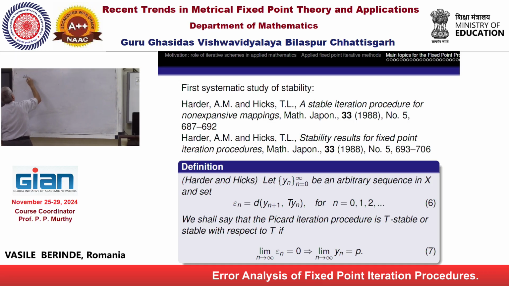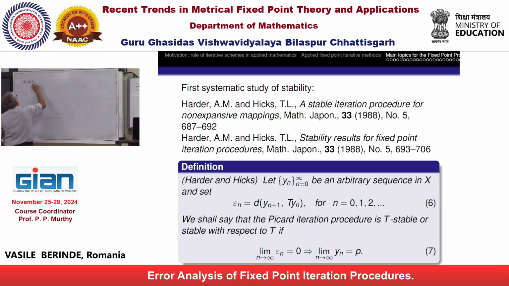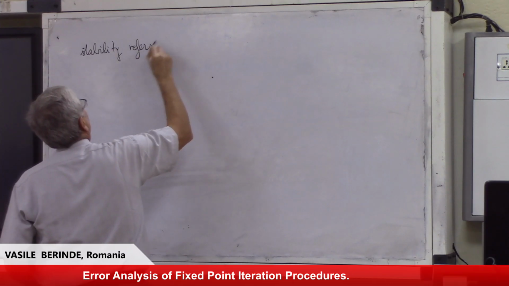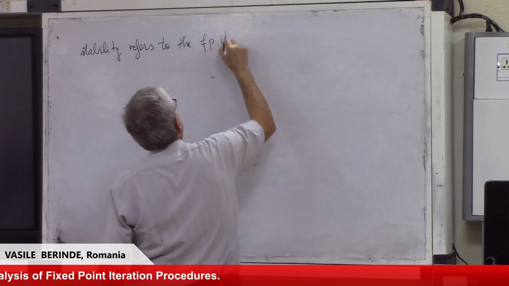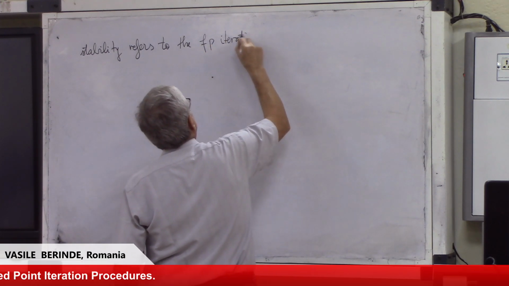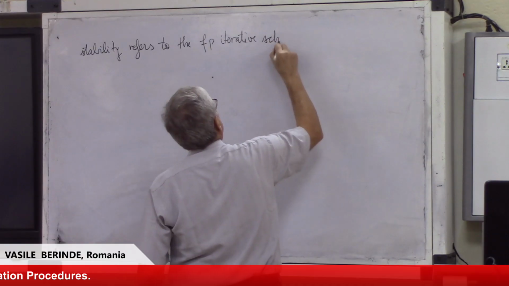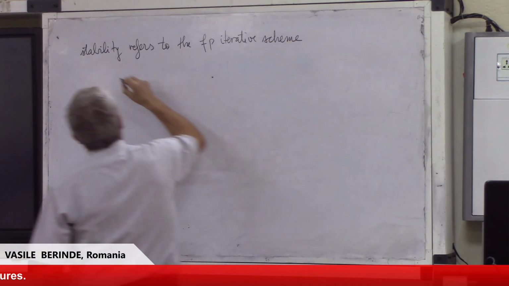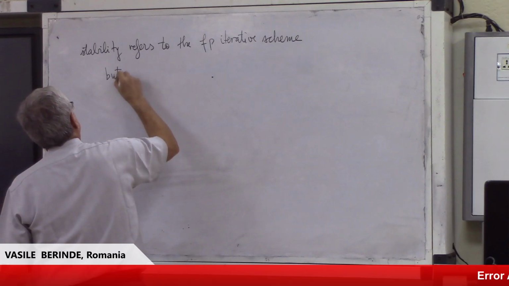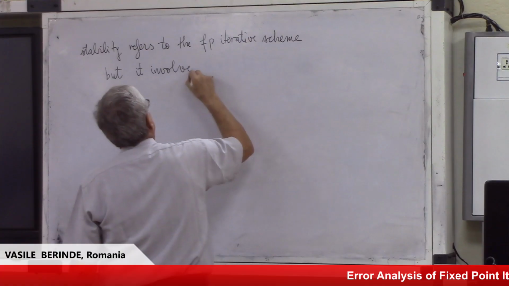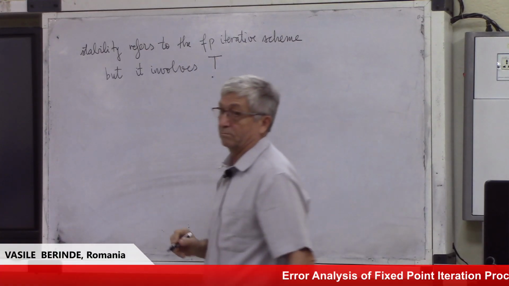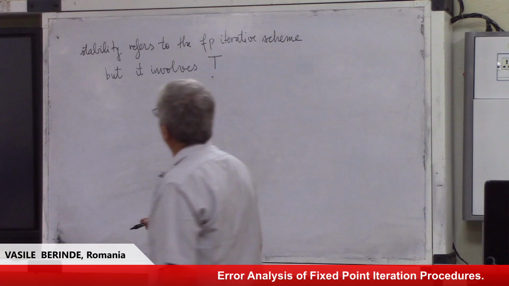Stability refers to the fixed point iterative scheme, but this is important, it involves the map T. So what does it mean?